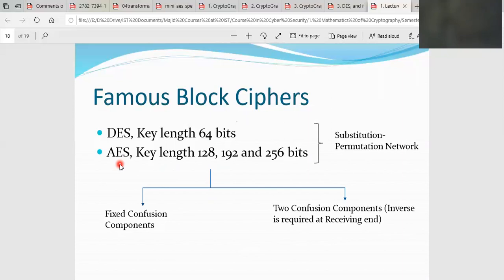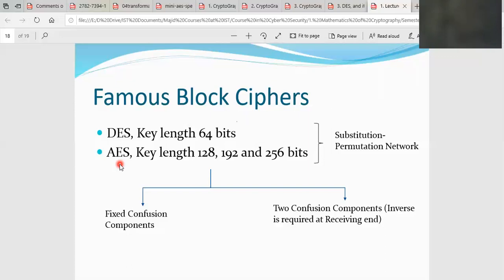In AES, the sub-byte transformation corresponds to substitution boxes, while shift row and mix column are related to the permutation component, which we call the diffusion component. Sorry, the sub-byte transformation we call the confusion component.